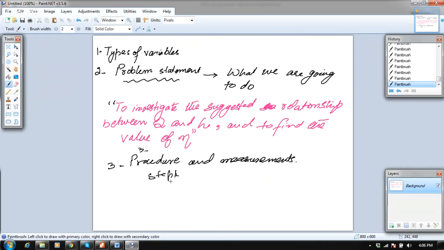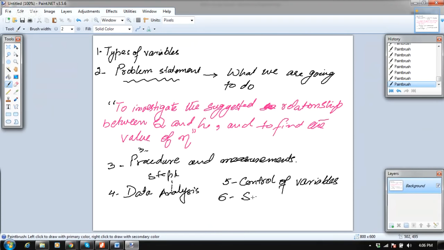Step one, step two, step three, and so on. We'll come to that part. The fourth heading is, मैं अभी सिर्फ आपको heading बता रहा हूँ कि कौन सी headings लेनी है, data analysis. Then number five is control of variables. And number six is safety precautions.